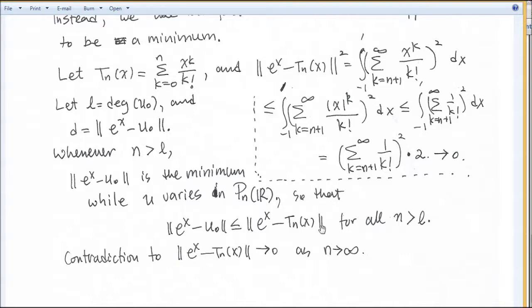But if you cut out an arbitrarily large finite dimensional space, there is this particular approximation that approaches 0 and violates this minimum, unless this is 0, right? You have to show that e to the x is not a polynomial, so that the limit is never 0. If that's clear, then this one will go eventually below that bound, which never changes as n changes. Therefore, it contradicts the fact that this is the minimum. Or the metric of e to the x is 0, therefore e to the x is a polynomial. But that is not true.